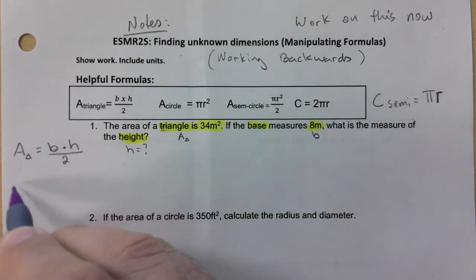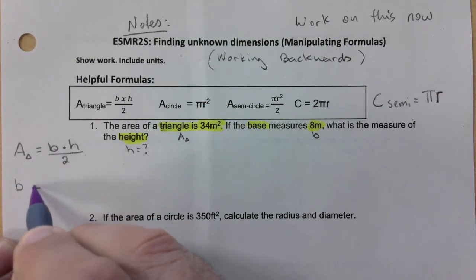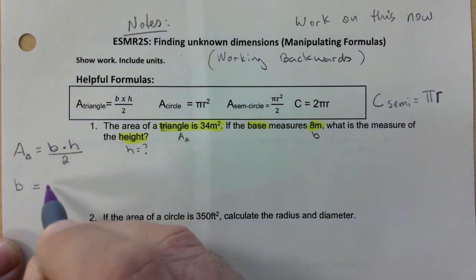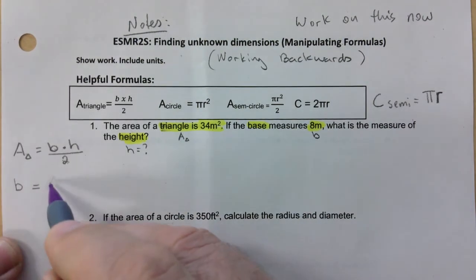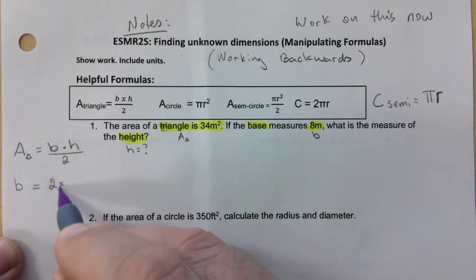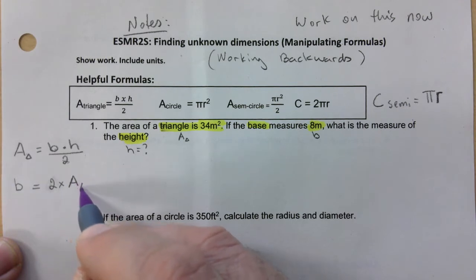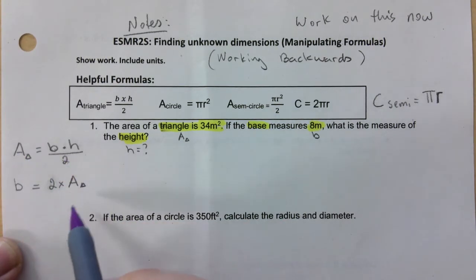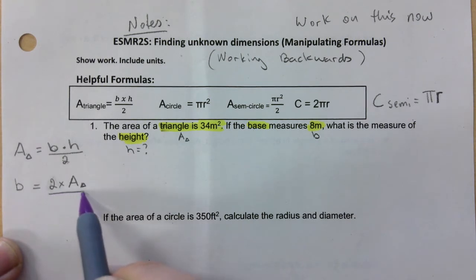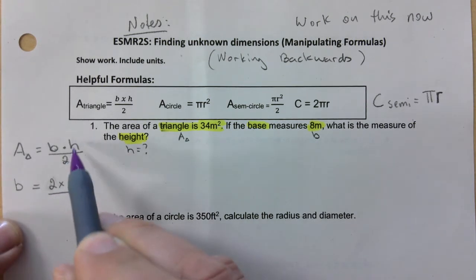If you wanted the base, you would have to multiply the area by 2. My bad. So you should write this down: 2 times the area of the triangle. You multiply both sides to get rid of that, and then that answer gets divided by the height.